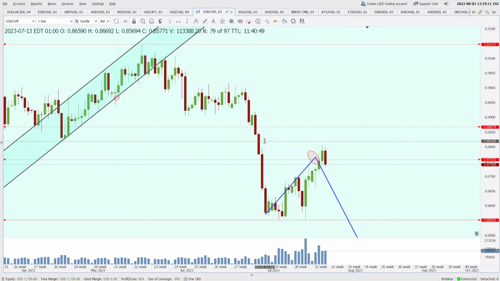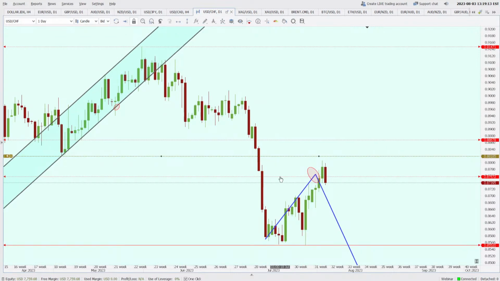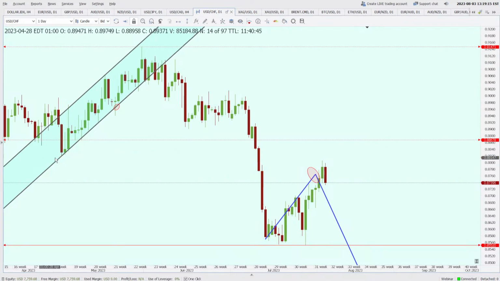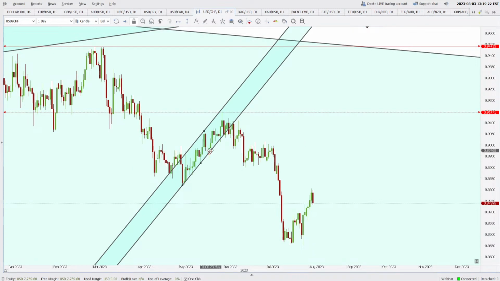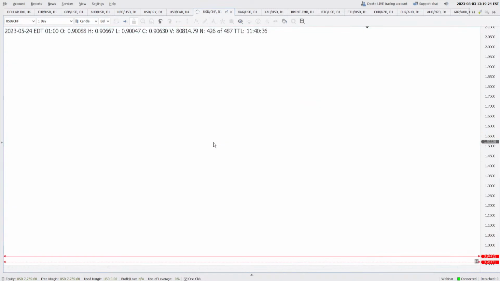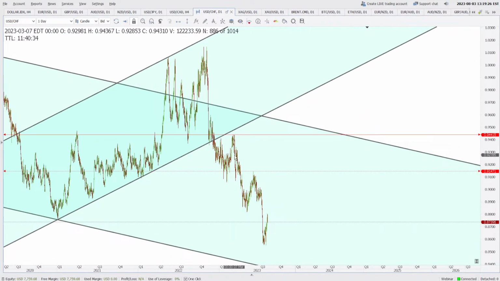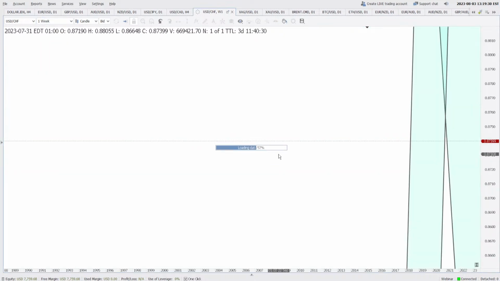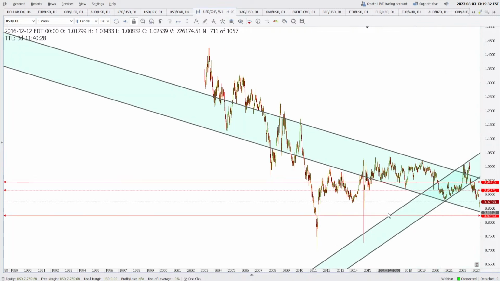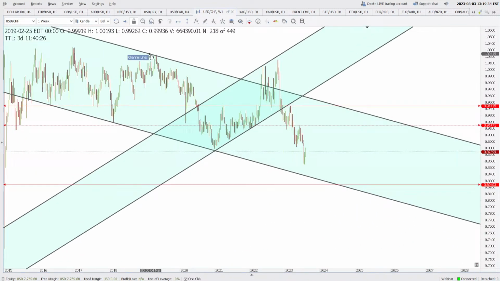Okay. But since I want to make sure that we know what is the price action, I'm removing everything and doing a fresh analysis of what is happening here. If you look at this bigger channel on weekly, you will see that the USD CHF was falling, went outside, and then again started falling.